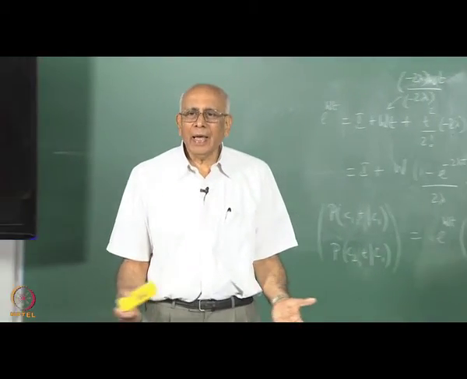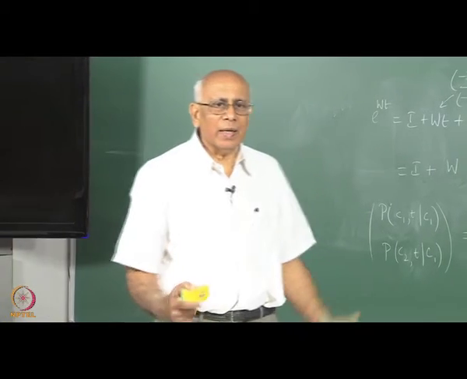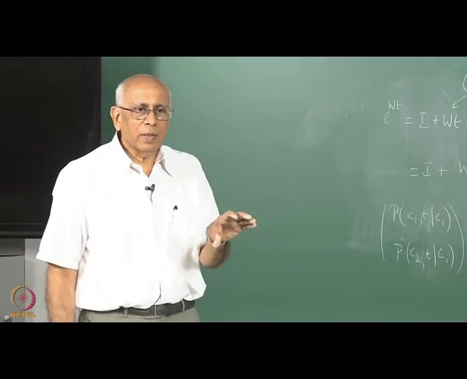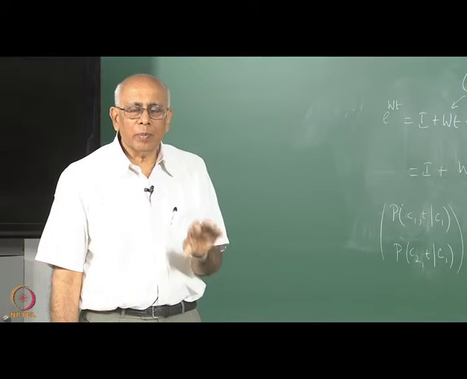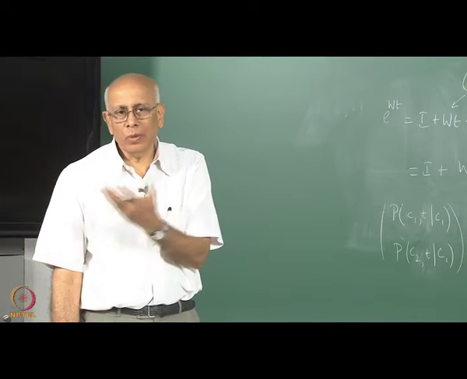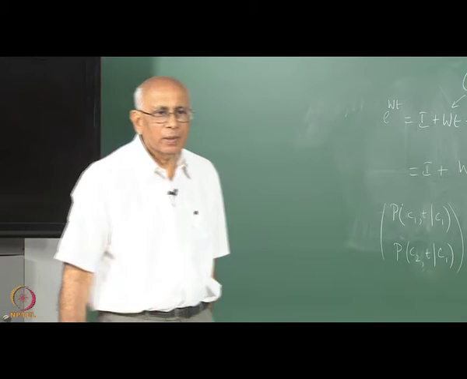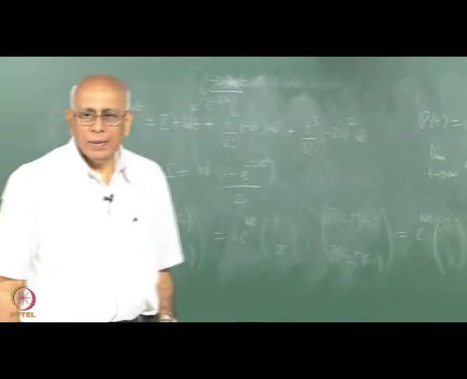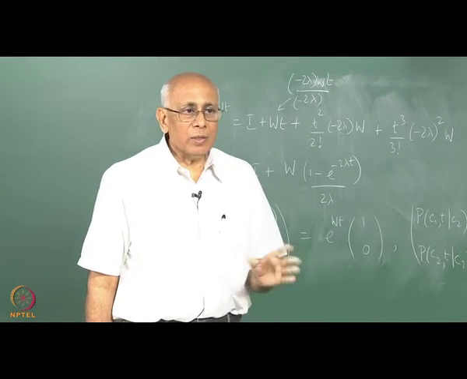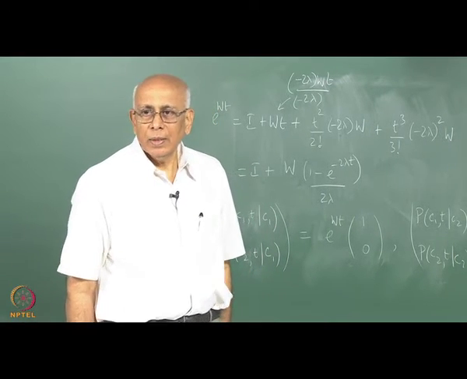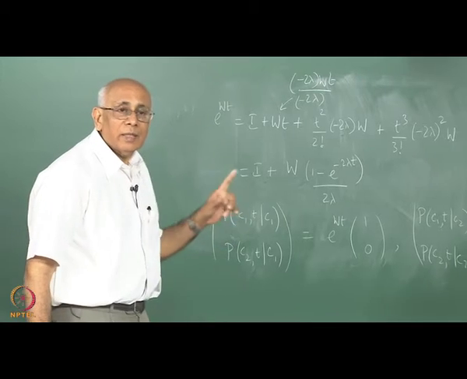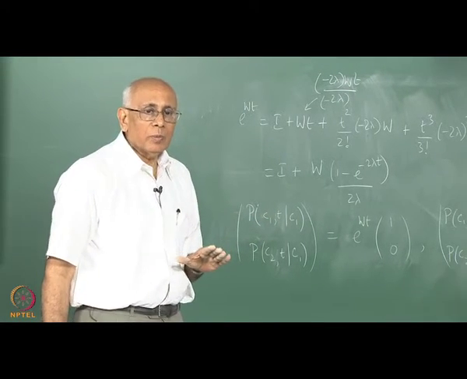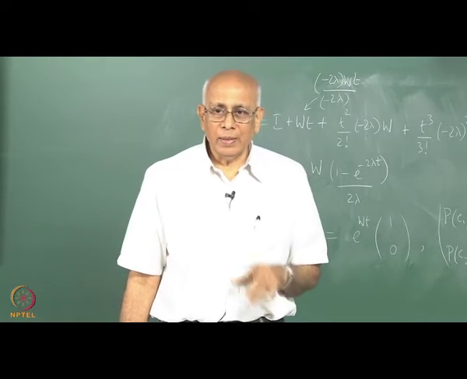So what's the decay to equilibrium? What's it going like? There is a constant part in these probabilities which gives you the stationary part, and then there is a part which decays. There is only one more eigenvalue. And what's that other eigenvalue? Minus 2 lambda. So you expect the correlation time in this process to be 2 lambda inverse.